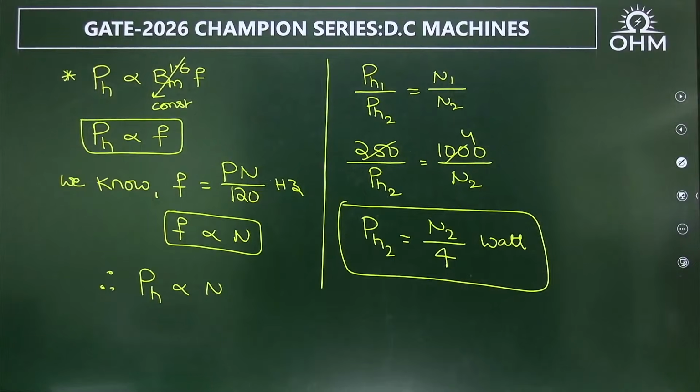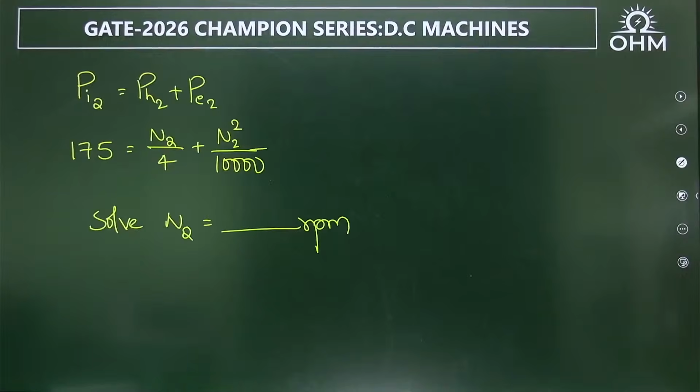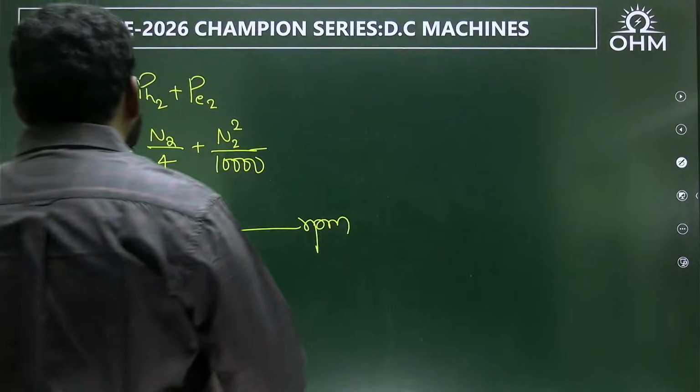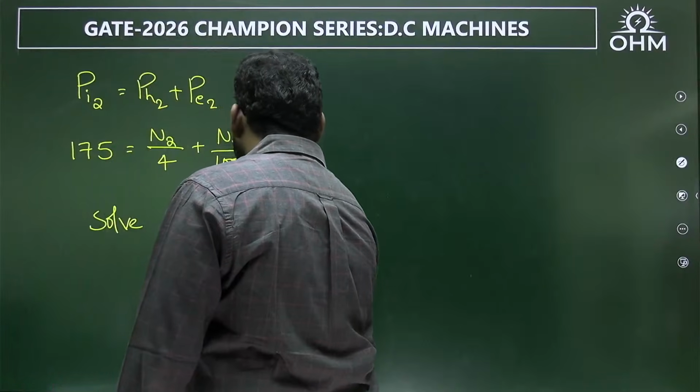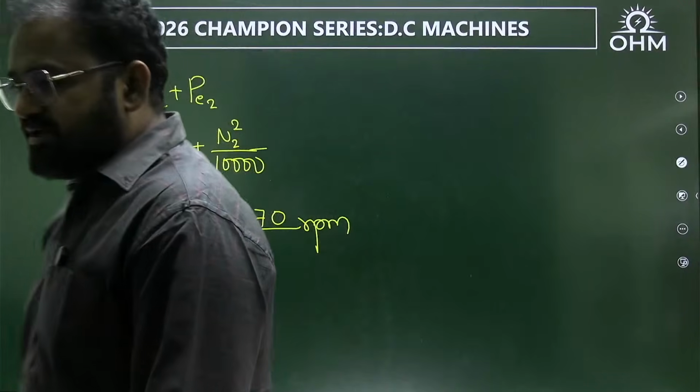If flux is constant, hysteresis loss and eddy current loss will only depend upon frequency, right? Frequency depends upon speed. That is how I found the new speed of the motor. So if the speed is reduced to 570 RPM, then your entire iron loss becomes half of the previous value. So the answer is 570 RPM.